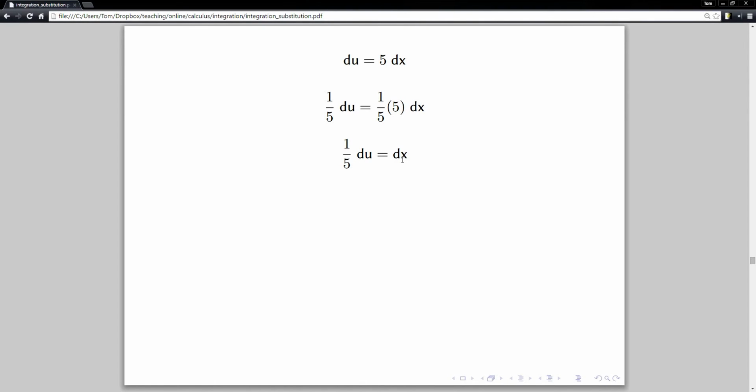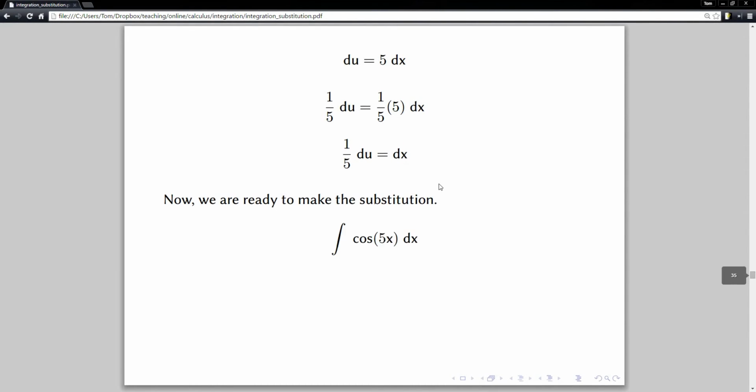Notice there's just x's over here and there's just u's over here. If your du is off by more than just a number or a constant, then that's not, generally speaking, a good sign. And it may be a more difficult substitution problem, or maybe some other technique that you want to use on the integral.